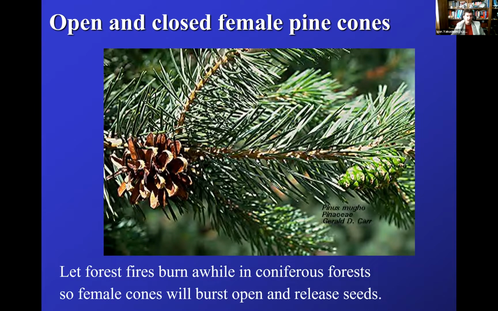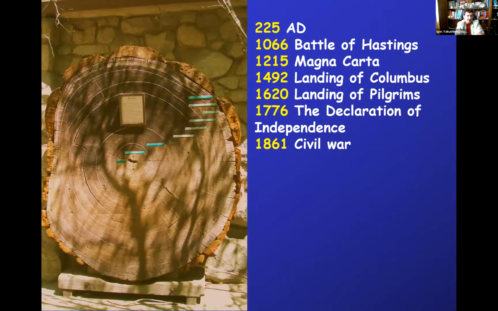So yeah. Here's another example of the tree, and that was a giant redwood sequoia tree, cut off in 1800s. No, it died, I think, in 1900s, and you can find it in Yosemite National Park.